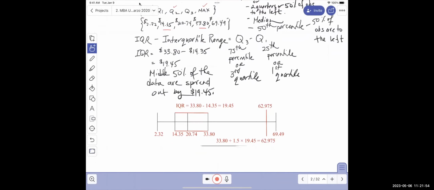So what I have here is called a box plot. And it is a graphical representation of the 5-number summary. And I've plotted here the minimum, the Q1, the Q2, the Q3, and the max. This is the max value here.